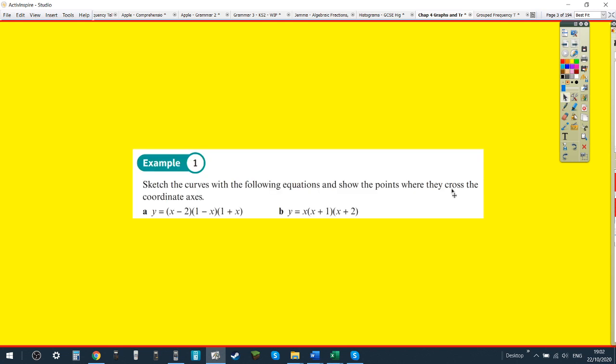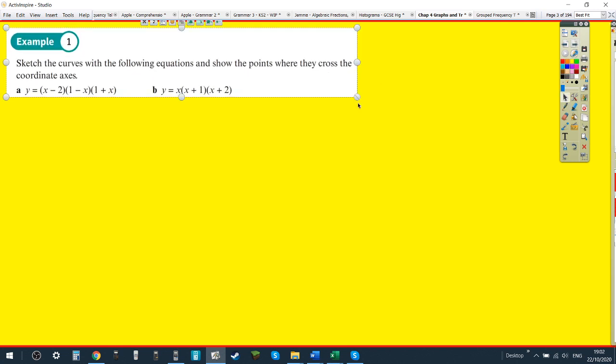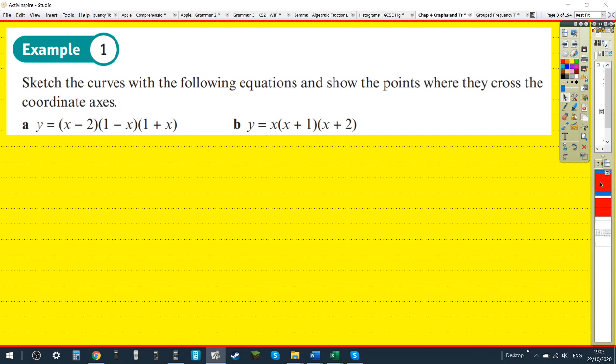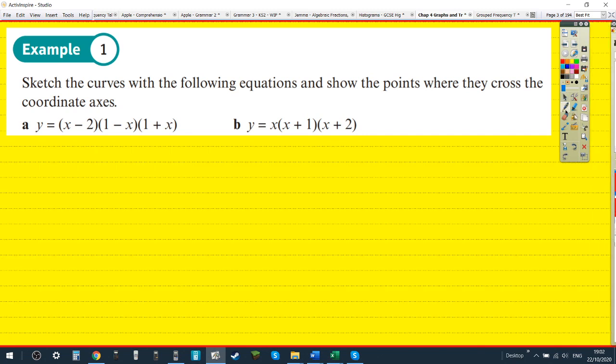Any idea how you would sketch these graphs? Would you multiply everything in the brackets first? There's a quicker way.